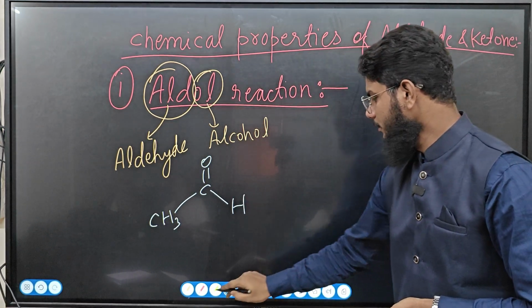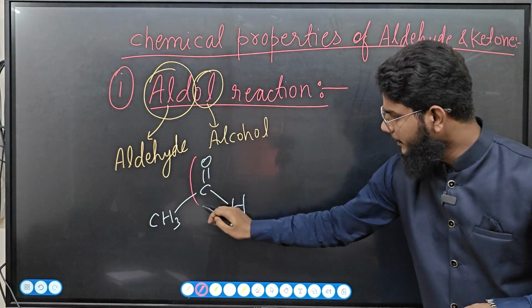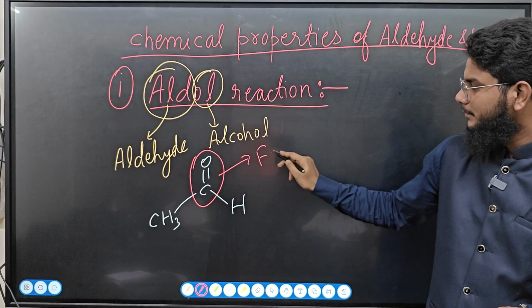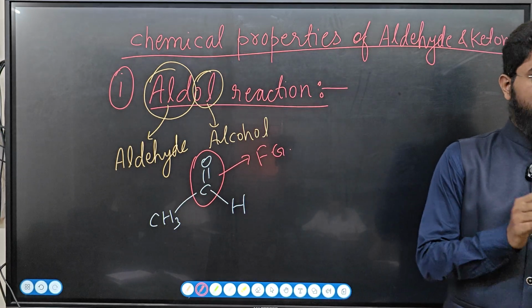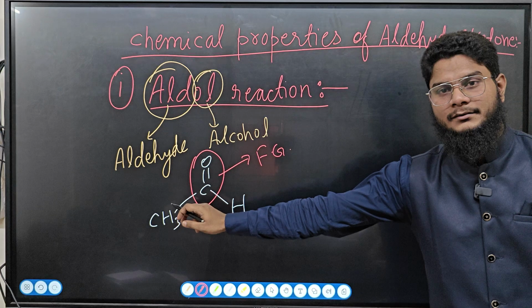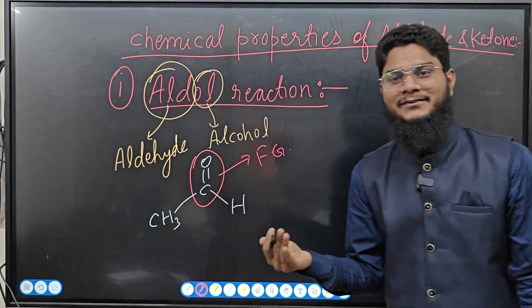Look at this molecule. This is your carbonyl compound and this is your carbonyl functional group. And you know, the carbon connected to the functional group is known as the alpha carbon.